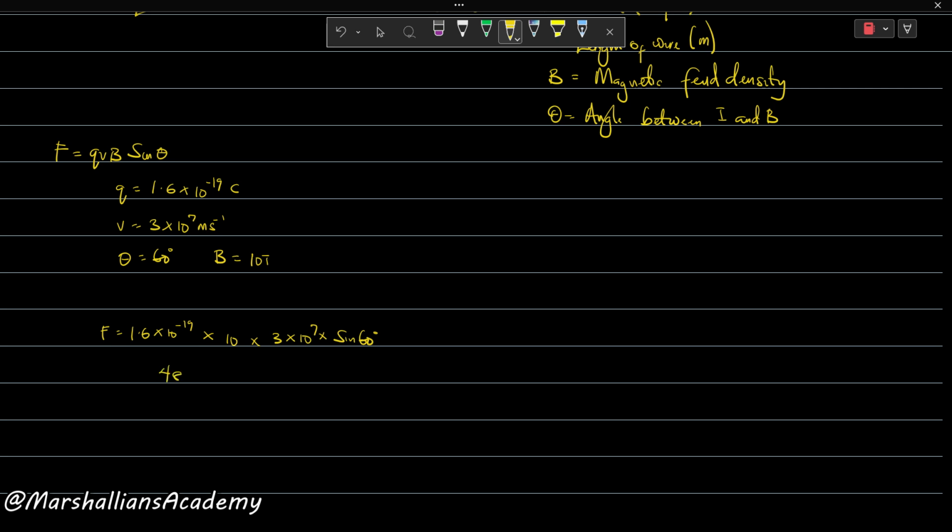So we have 48 times 10 raised to power negative 19 times 10 raised to power 7 times sine 60, which is root 3 over 2. Basically, we should know this. So I could still do 48 times root 3 over 2, because the calculator you'll be given would not have sine, cosine, and all of that. So you always have to be able to work with your special angles. I taught you that in your math class.